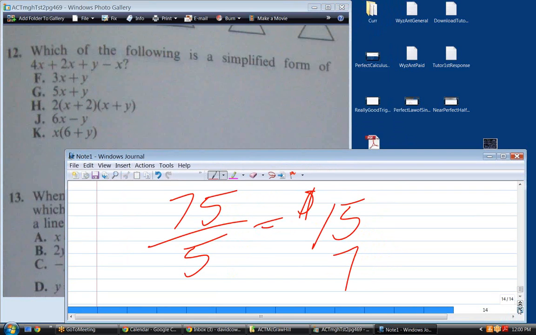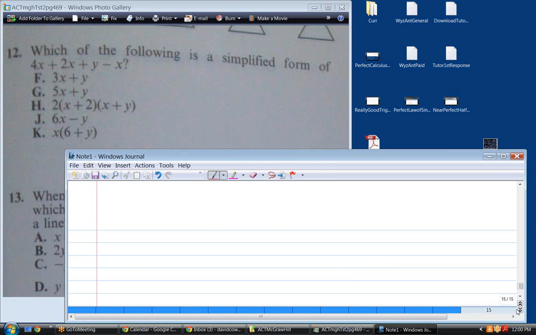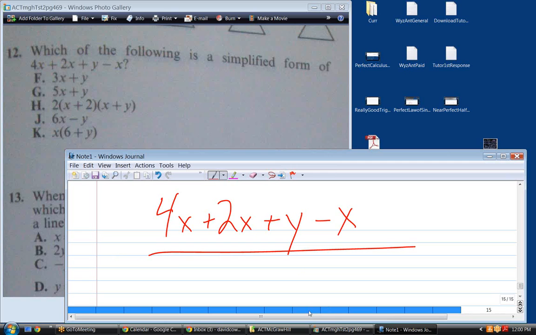Another pretty easy problem. This is as easy as they come. So how do we simplify that?